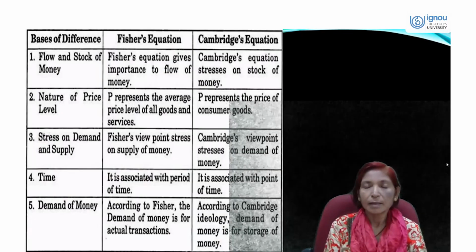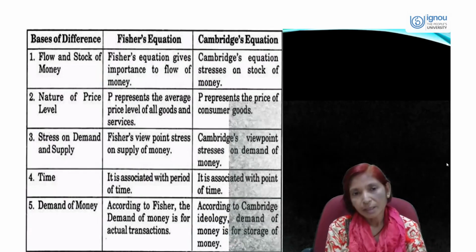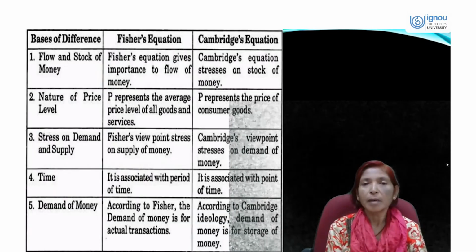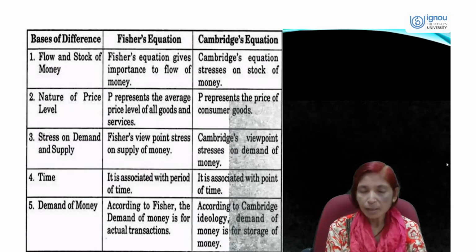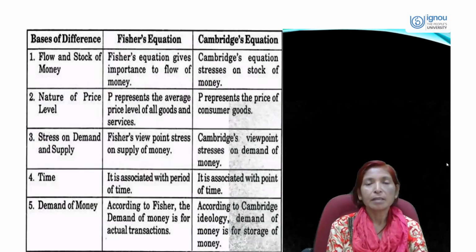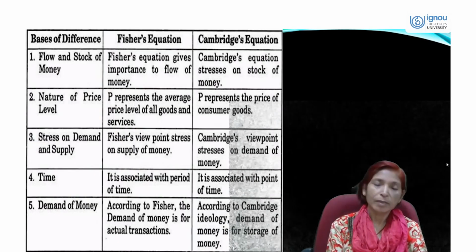But in Fisher's equation, P represents the average price level of all goods and services.